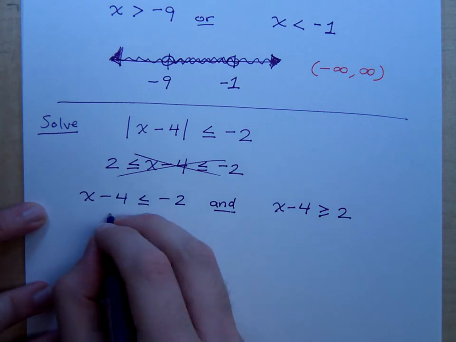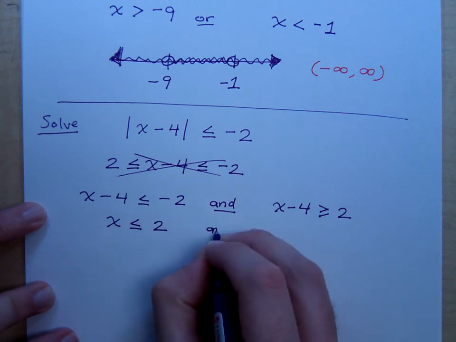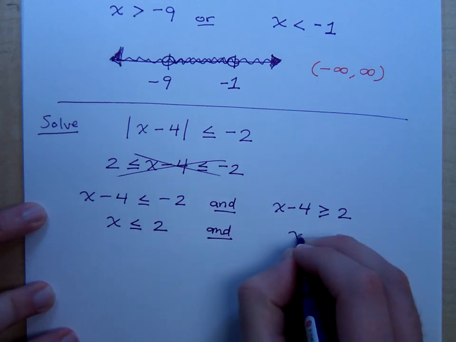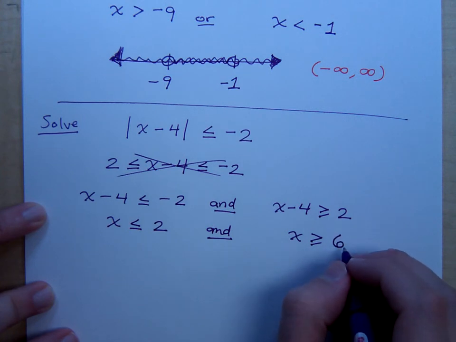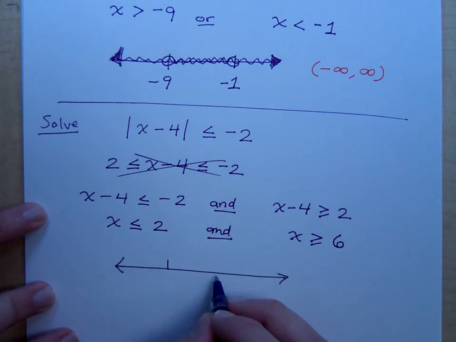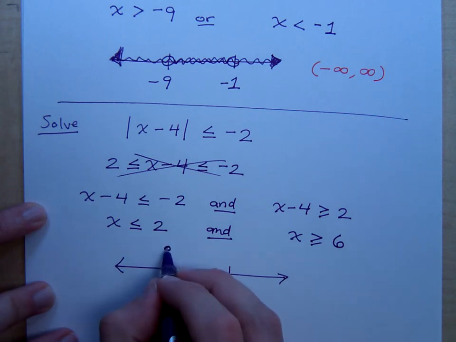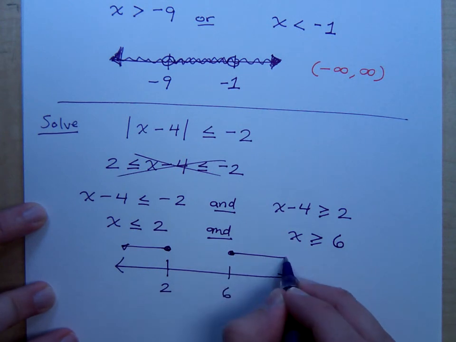When you solve this, you find that x is less than or equal to 2, and x is greater than or equal to what? 6. But if you were trying to graph this, here's 2, here's 6. Less than or equal to 2 is going all the way out here. Greater than or equal to 6 is going all the way out here.